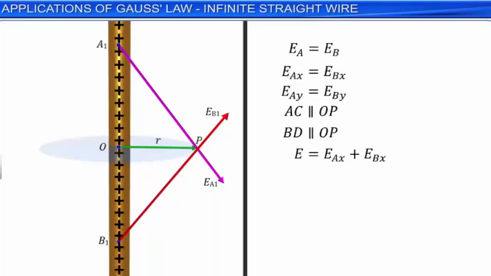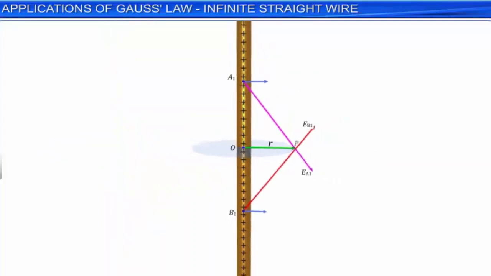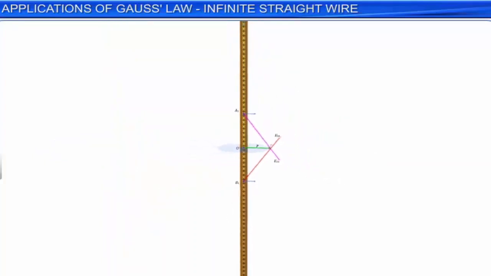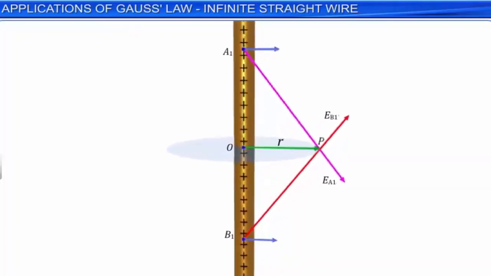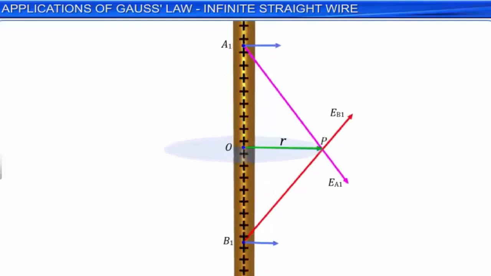As the length of the wire is infinite, the electric field strength does not depend on the position of the point under consideration, P, along the length of the wire. Thus, the electric field due to the wire of infinite length is radial everywhere and in the plane normal to the length of the wire. It depends only on the magnitude of the radial vector r.